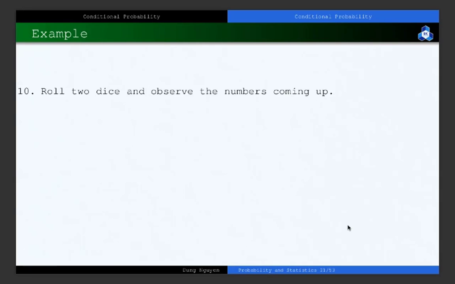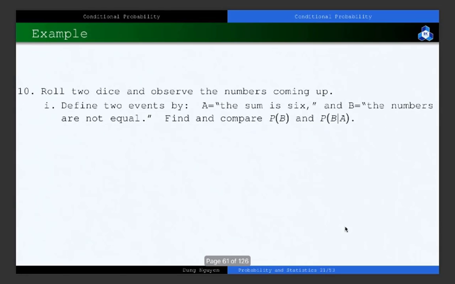Now consider another example. Roll 2 dice and observe the numbers coming up. And suppose that A is the event that the sum is 6 and B is the event that the numbers are not equal.